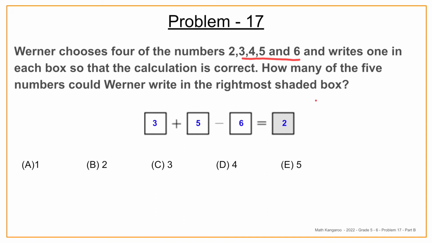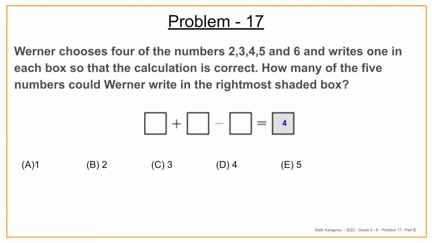Now let us try with second possibility, 3. So we put 3 in this box and now we have to find a calculation that would result in 3. Can we say 5 plus 4 gives us 9 and 9 minus 6 gives us 3? So this is also our option.